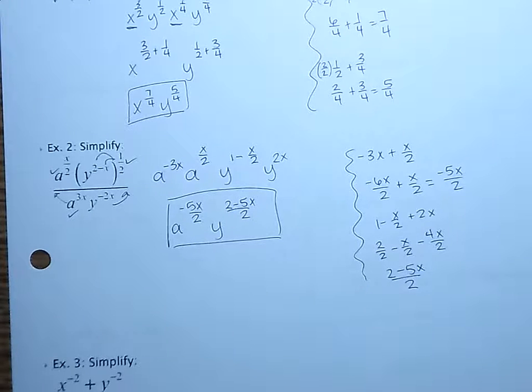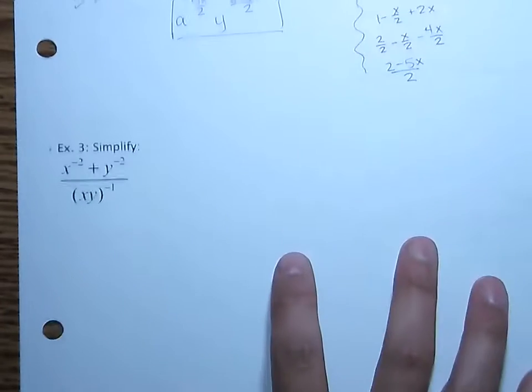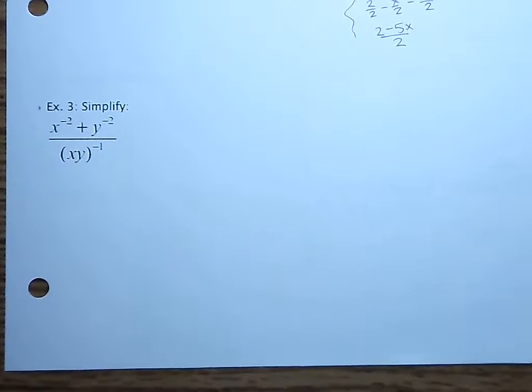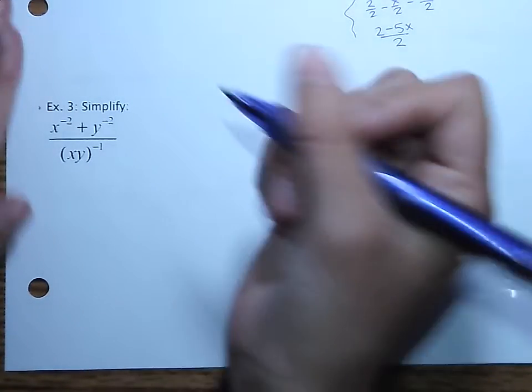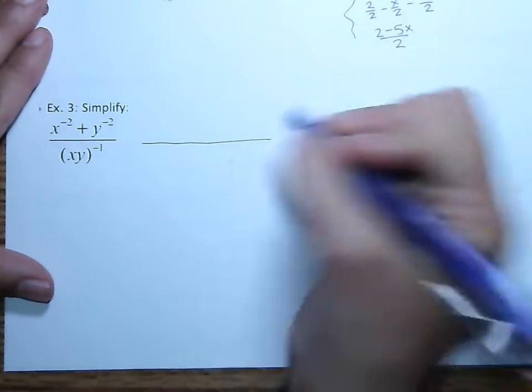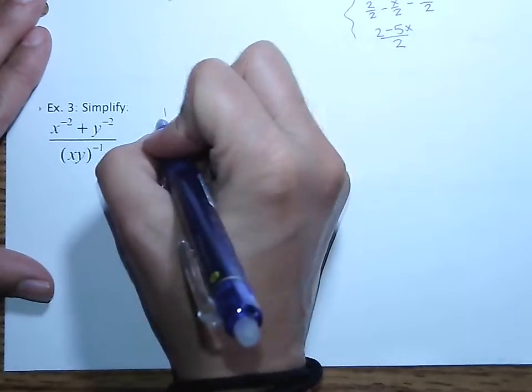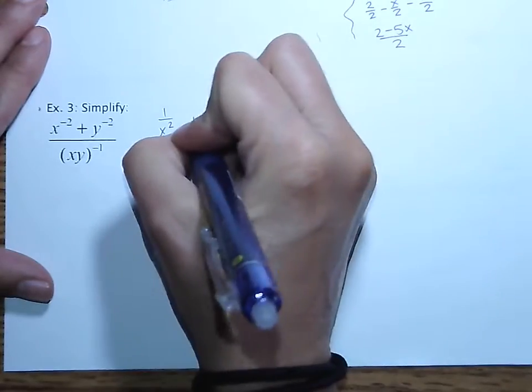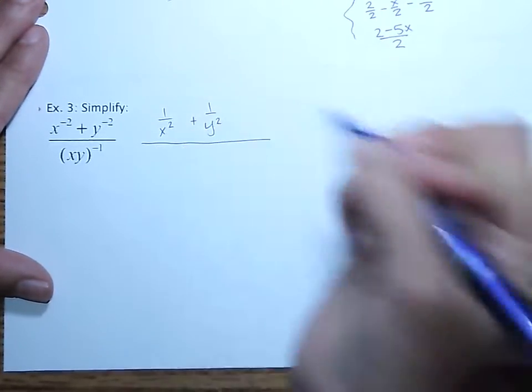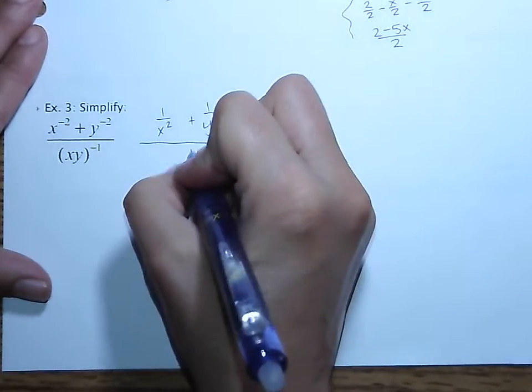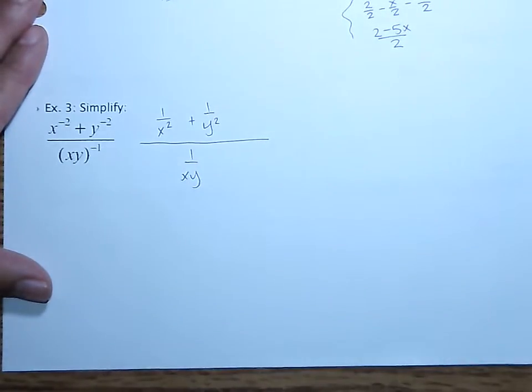Okay, so for this next one, it's going to be a little bit different. We do not have two monomials, we have a binomial. So I'm actually just going to break it into a big fraction. And I'm going to make this 1 over x squared plus 1 over y squared, and also make this 1 over xy.